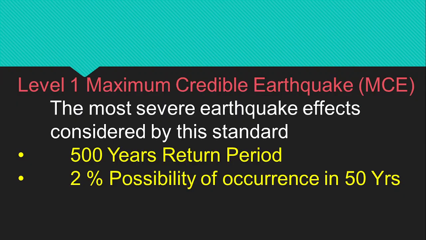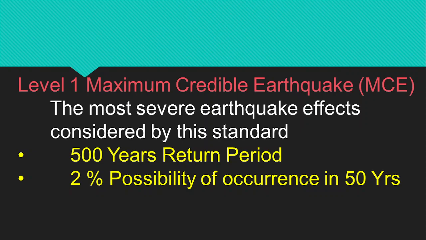Number one level is the maximum credible earthquake or maximum considered earthquake, that is MCE. The most severe earthquake effects considered by this standard are 500 years return period and 2% possibility of occurrence in 50 years.